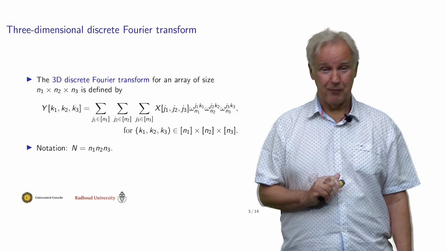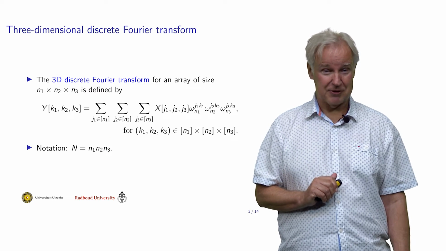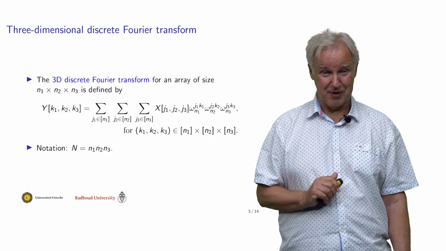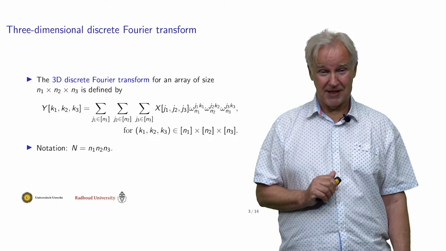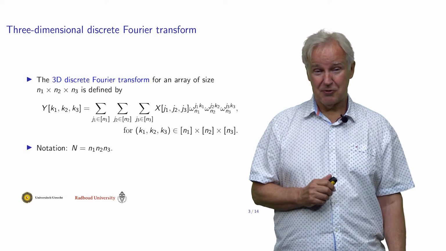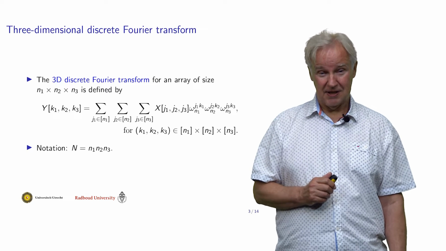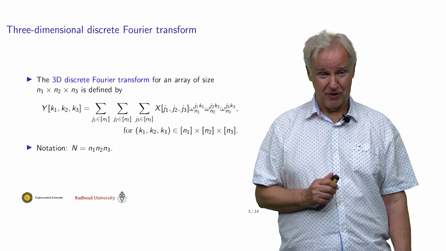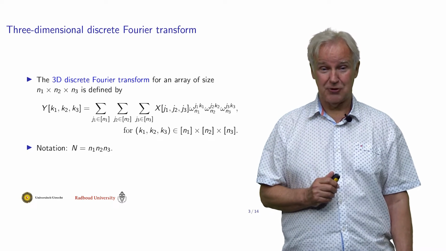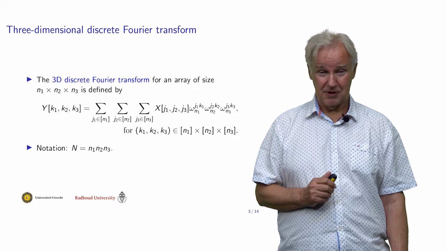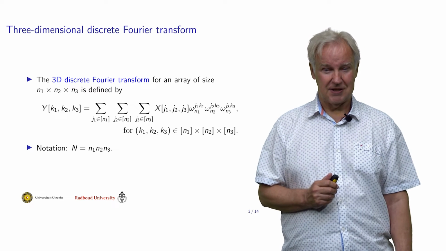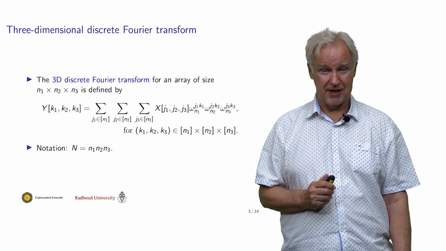We will be talking here about the three-dimensional Fourier transform, and then we get a lot more indices. The output y will be a function of 3 indices, k1, k2, k3, and the input will also have 3 indices, j1, j2, and j3.